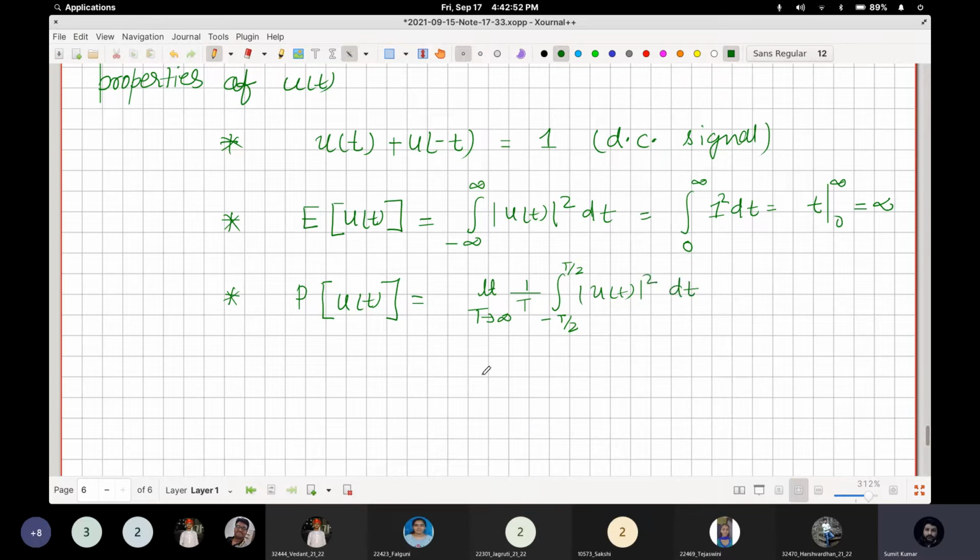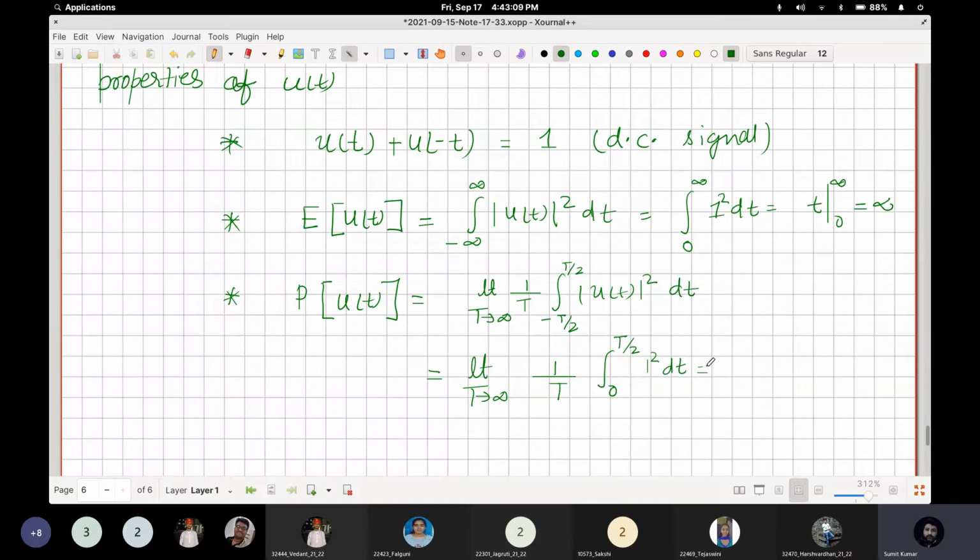This is what your power definition is. If you follow this, you will have limit T tends to infinity 1/T, integrating from 0 to T/2, because before 0 it's anyway 0, right? So 1² dt.